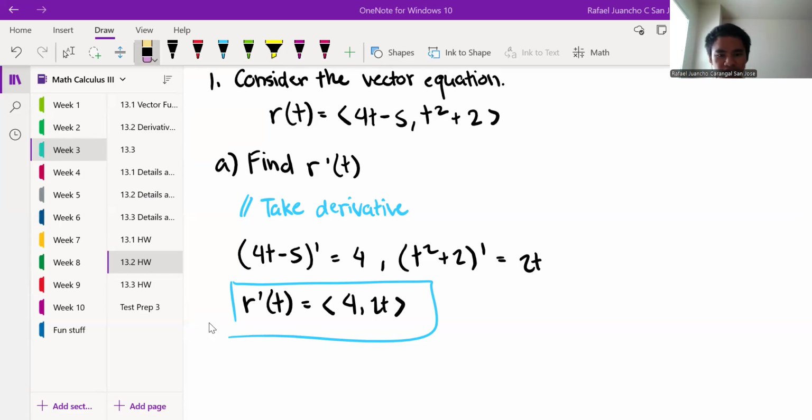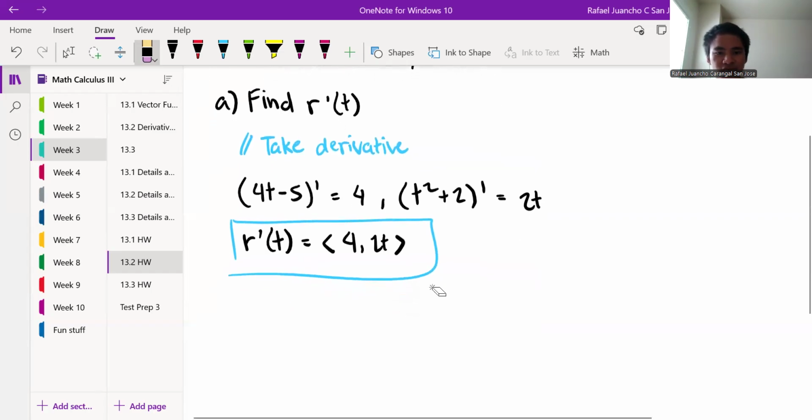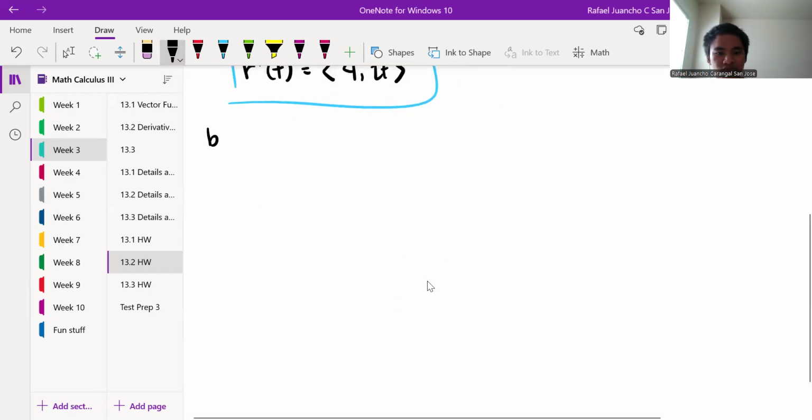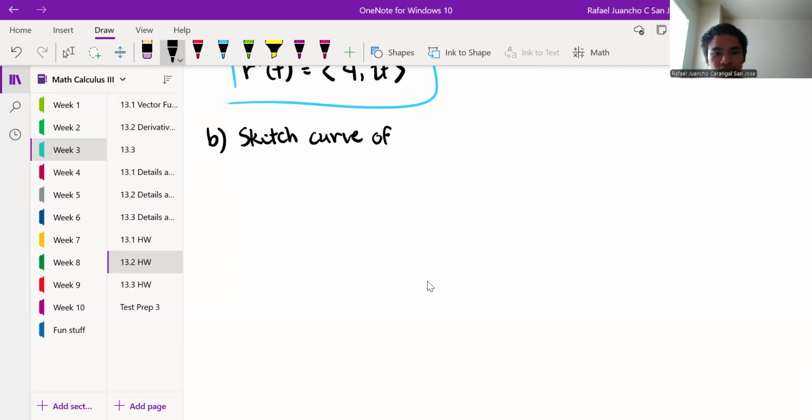Next thing here is we're being asked to sketch the curve together with the position vector and its tangent vector, given t is equal to -1. So we want to sketch the curve of both position vector. So position vector is again what I previously mentioned.